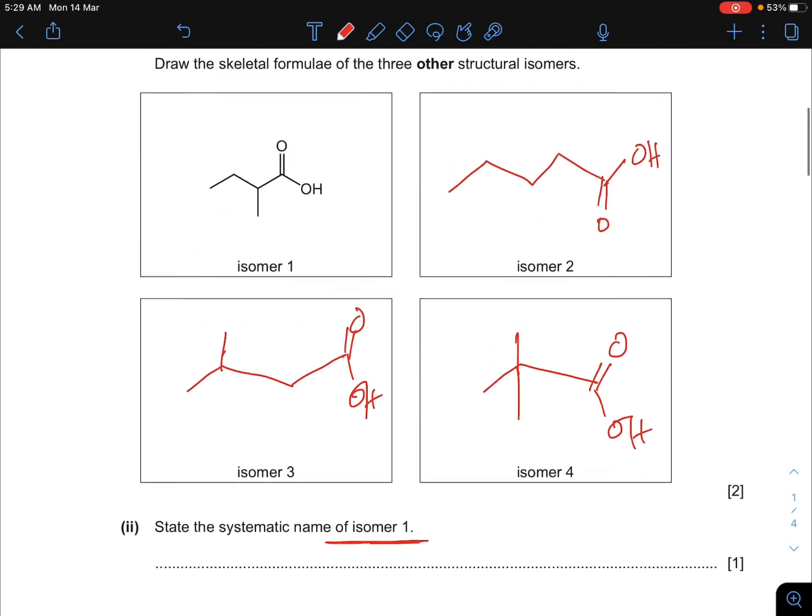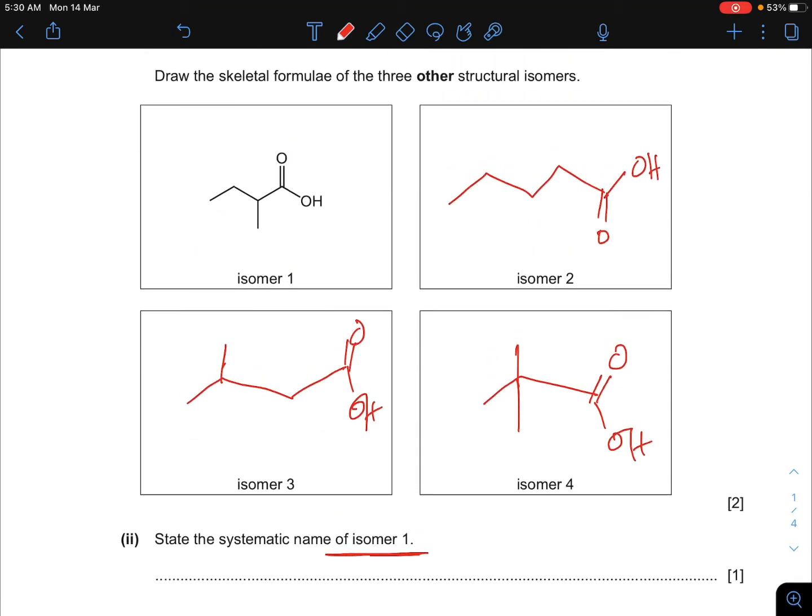Next part is: state the systematic name of isomer 1. Now this is isomer 1 and this is a carboxylic acid. First of all, we have to number the chain, and you all know this rule that in carboxylic acids, numbering always starts from the carbon of the carboxylic acid, the carbon of the functional group. This is carbon number 1, carbon number 2, carbon number 3, carbon number 4.